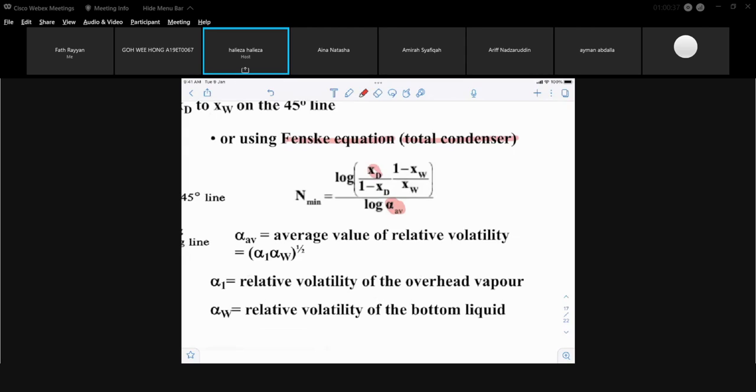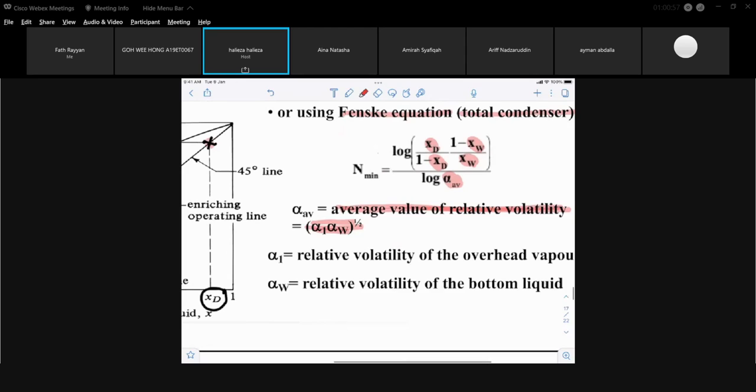The XD should be given, and the XW should be given. That's the mole fraction of your bottom product, and this is the mole fraction of your distillate. But your average relative volatility, you need to calculate using this equation, whereby this is the relative volatility at the top of the column, and this is at the bottom of the column.